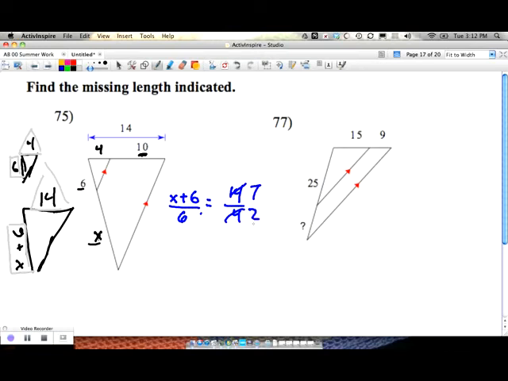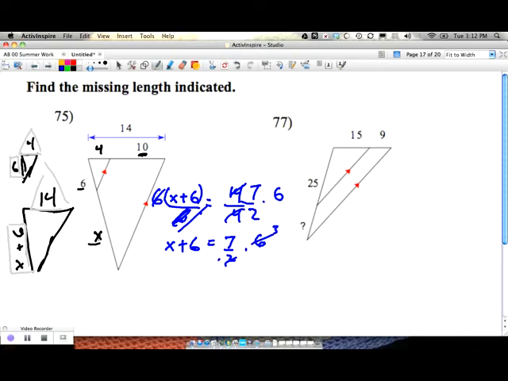All right, let's simplify. 14 and 4 both divisible by 2 becomes 7 halves. Now this is grouped up here, so I got to leave those 6's alone. I cannot cancel those out. I cannot reduce those. I cannot simplify them, but I can multiply both sides by 6. Then 6 over 6 is 1. I have x plus 6 on this side. Over here I have 7 over 2 times 6.